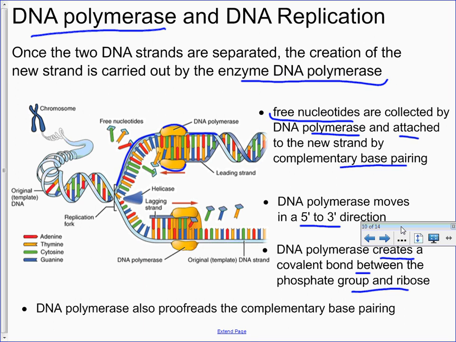As it moves along in a 5' to 3' direction, it will start collecting free nucleotides and incorporating them into that new strand. It will use the bases on the template to dictate which nucleotides need to get incorporated.